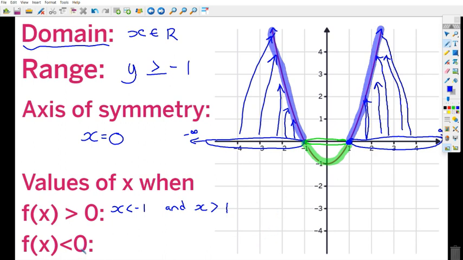Alright, and where's my graph below the x-axis? It's in between these 2 points. So let me draw a ruler here. If you put your hand over here, there's -1, and over there, there's +1, and in between these 2 lines, can you see that my graph is underneath my x-axis?